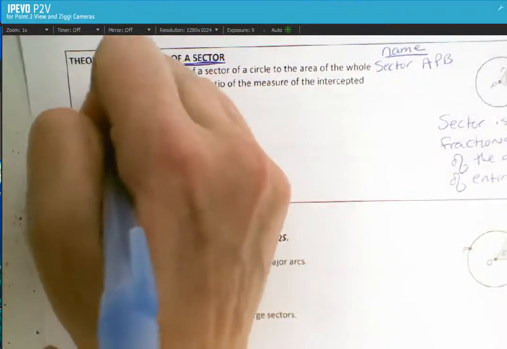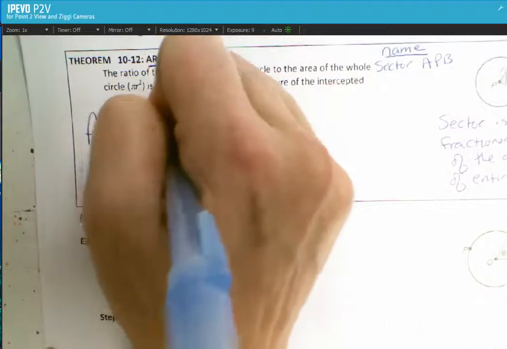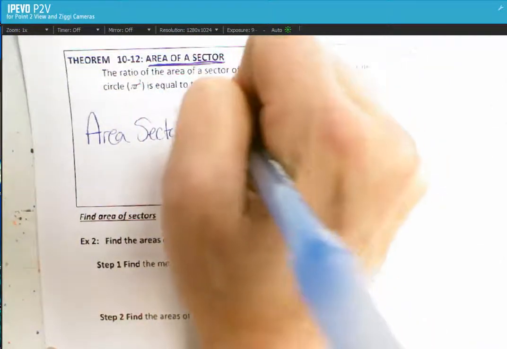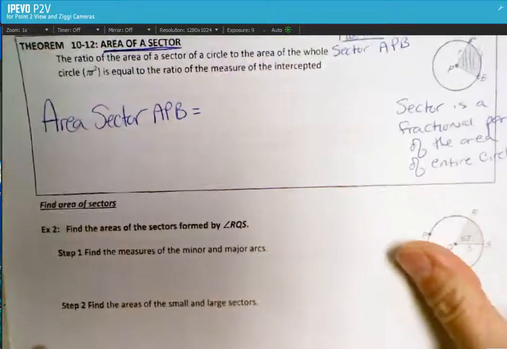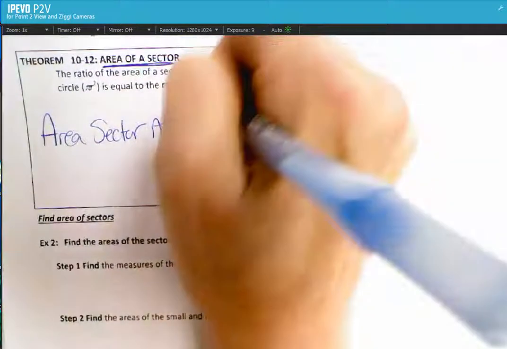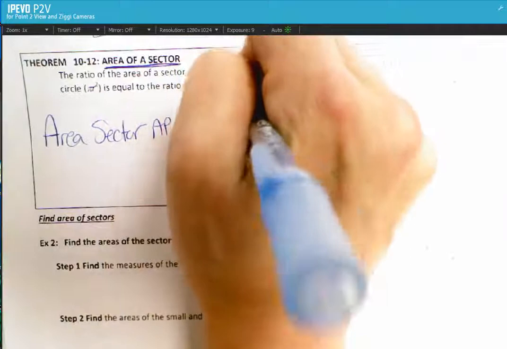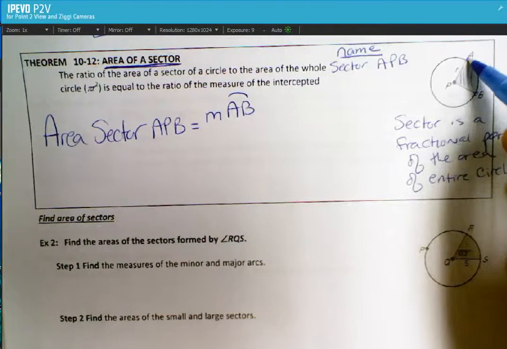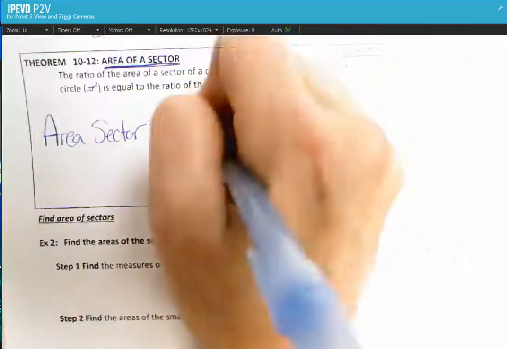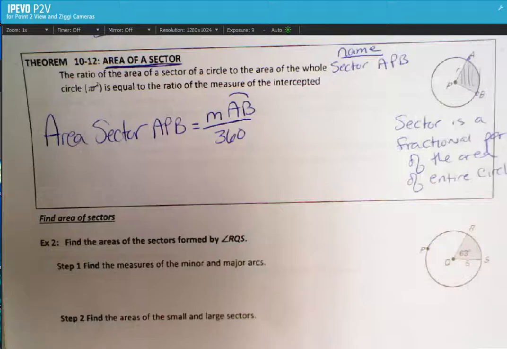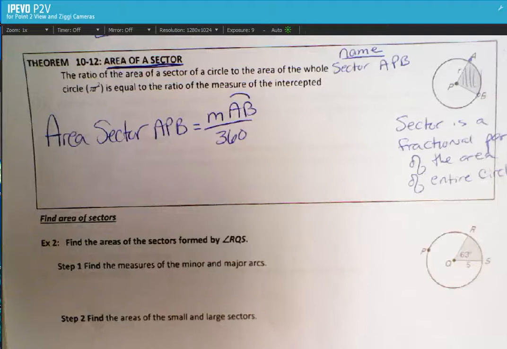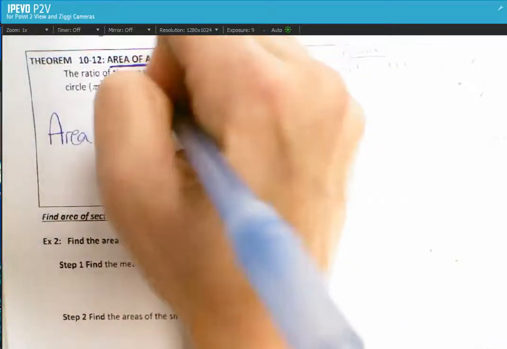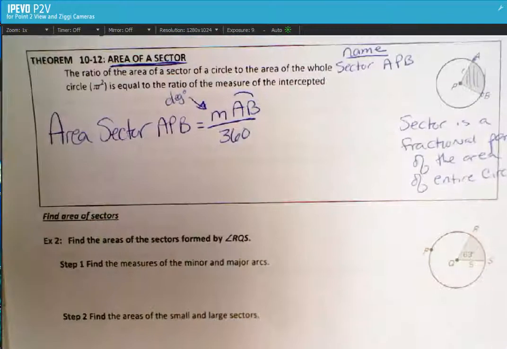The area of sector APB is the proportion or the ratio of the entire area. So I need to find the measure of arc AB, the endpoints of the arc here, over 360, so that I get the ratio of that arc to the entire 360. And remember, measures are not lengths, they are degrees. And that's why we put it over 360.